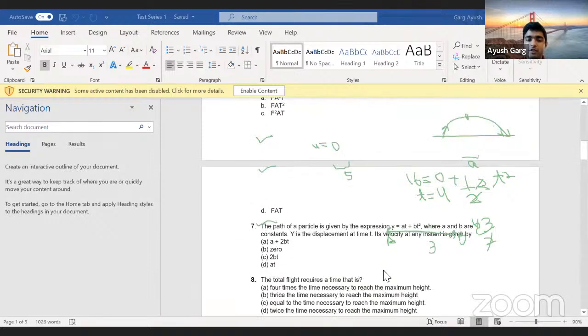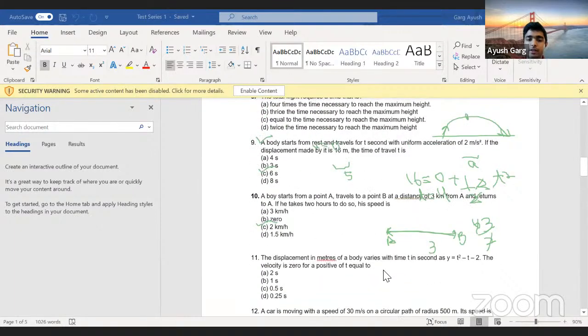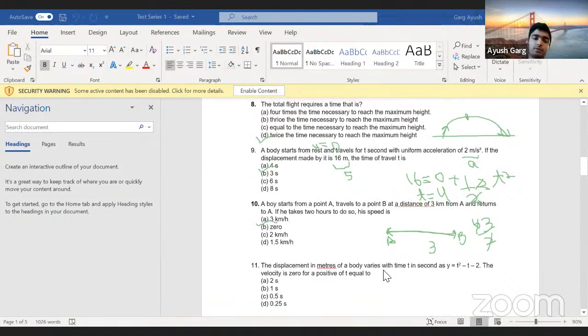But when someone is asking you about the velocity, what are you going to do? From displacement, how are you going to find out velocity? Fairly easy.